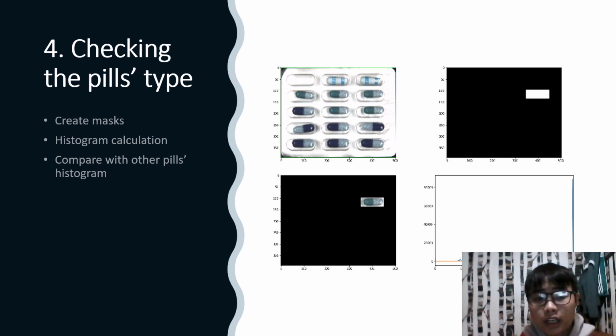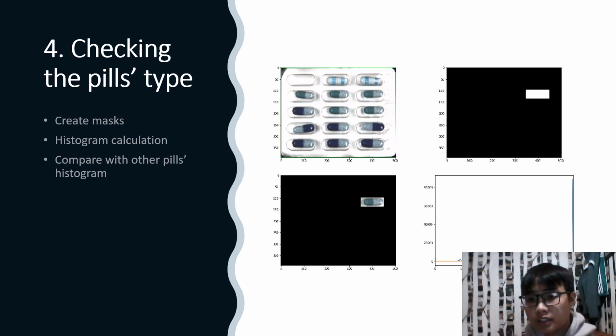And why do we use a mask? Because we want to calculate the histogram of the fields. So we calculate a histogram for every mask region, for every field in the image, and compare them together to check the field types by using the compare histogram function with the correlation method.